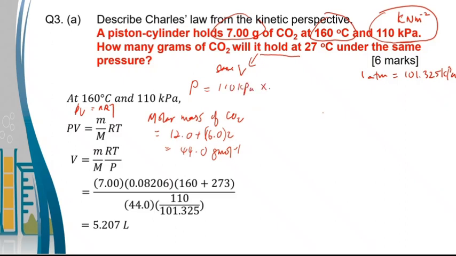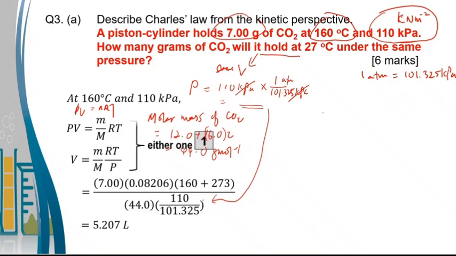To change to ATM, we can use 1 ATM equals 101.325 kilopascal, so we cancel the units. You may calculate this first, then substitute into the formula. It will be better than just inserting all the values into the formula. So the volume obtained will be 5.207 liters.